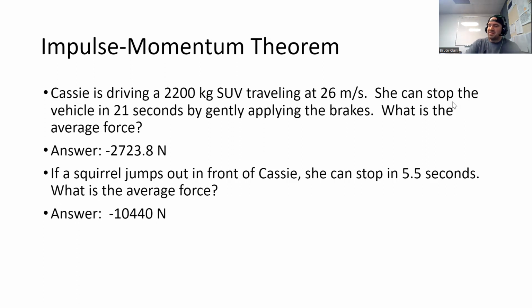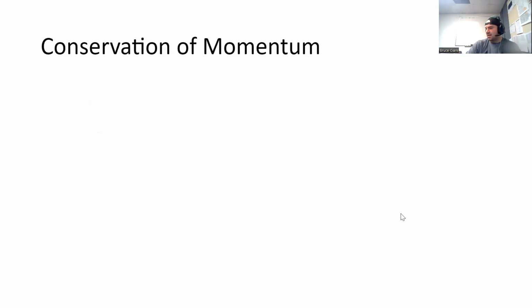This should be pretty intuitive. If we want to stop faster, we need to apply more force. If you want to stop slowly, you just lightly tap on the brakes. If you want to stop quickly, you have to jam the brakes down hard in order to stop the vehicle.